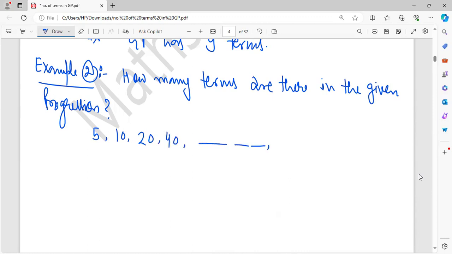Okay, the last term is given as 5, 1, 2, 0.